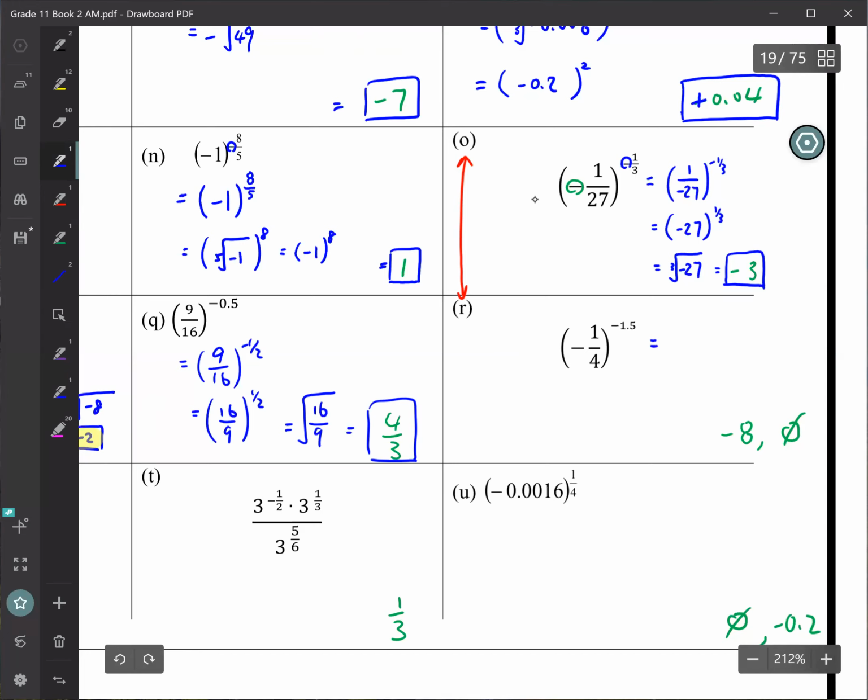So first thing, let's make the 1.5 into a fraction. All right, Aaron, what's 1.5 in fraction? 3/2. 3/2, okay. And then I'm going to bring the negative with the 4, okay? So 1/-4 and -3/2, okay? So now because of the negative, we are flipping, right? So by flipping it becomes -4 to the 3/2.